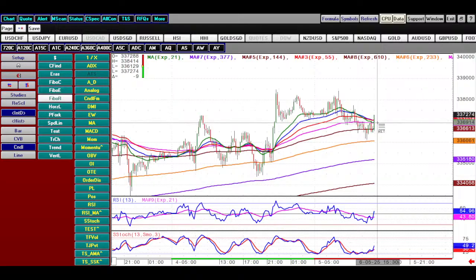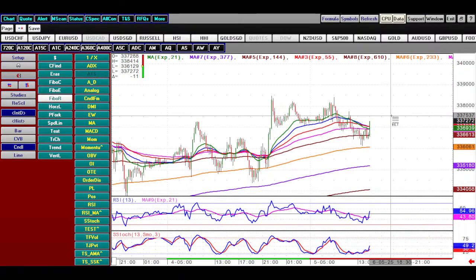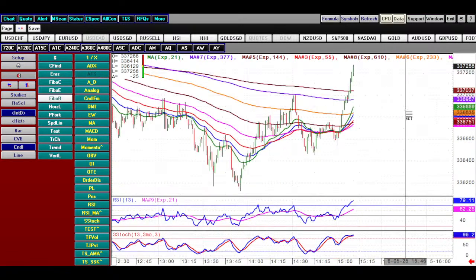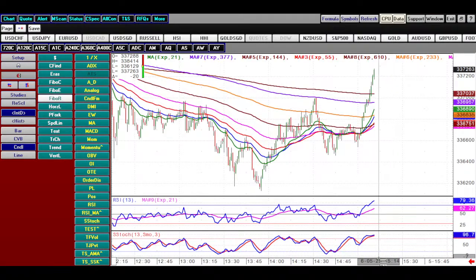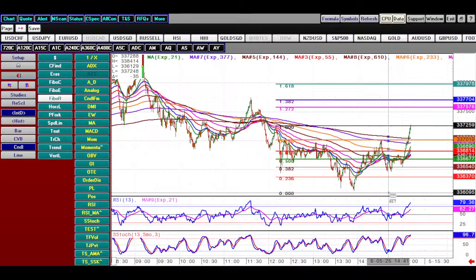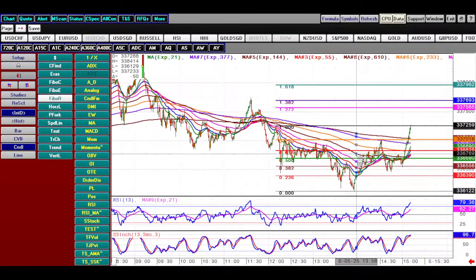We may see the price pushing higher, because your 15-minute RSI is still showing there is some more strength. So what we can do is go for a sell at slightly better levels.